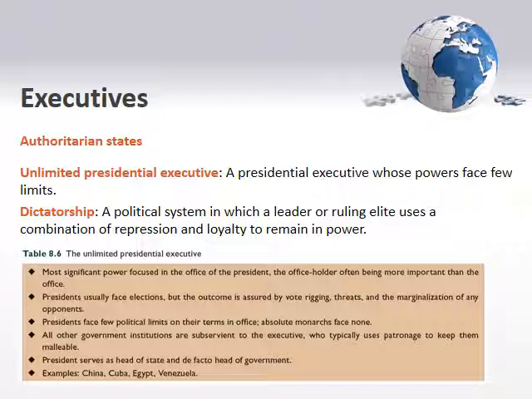Another word for this is a dictatorship, where the leader represents a group of ruling elite and they repress other areas of government and certainly the society as a whole.